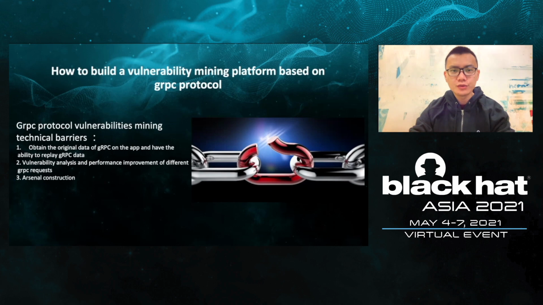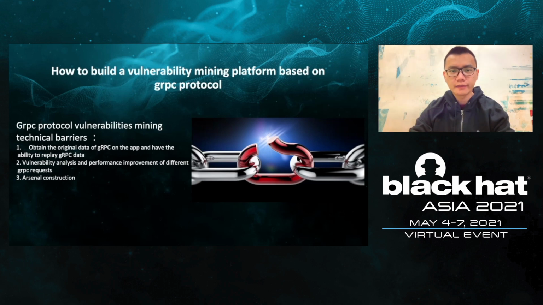If you need to conduct automatic vulnerability mining on applications using the gRPC protocol on a large scale, on the one hand, you need to be able to bypass the security mechanisms on the mobile application. There is a certain amount of reverse engineering work and developer-injected code to bypass the application logic.